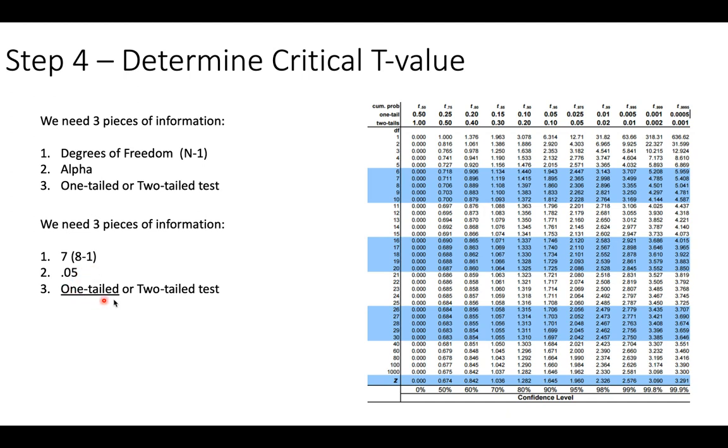So we have a one-tailed test. So we're going to put these three pieces of information together, and they are going to provide us the critical value for our t, which will then serve as our benchmark for making a decision about significance.